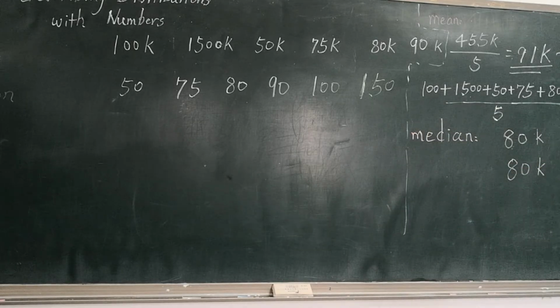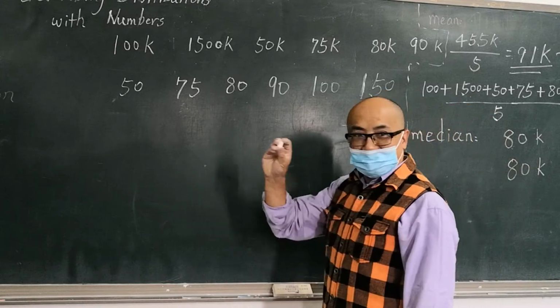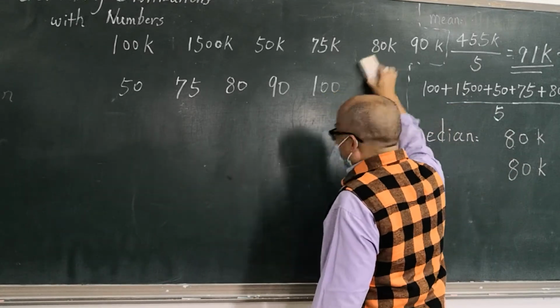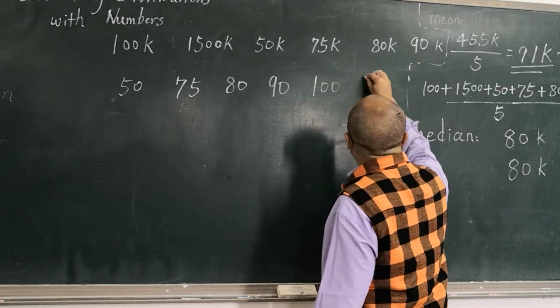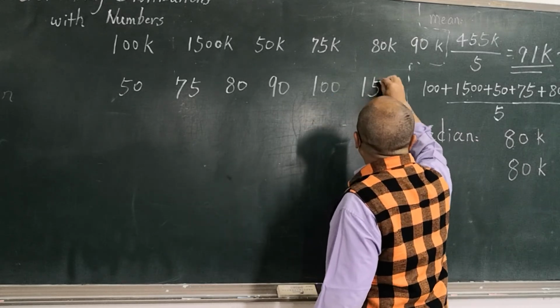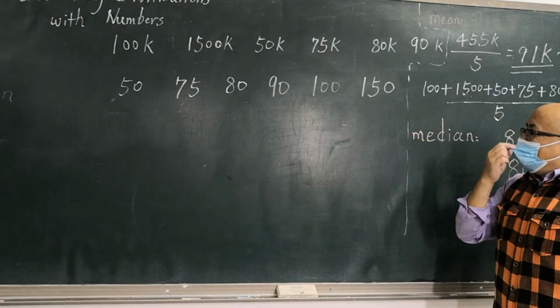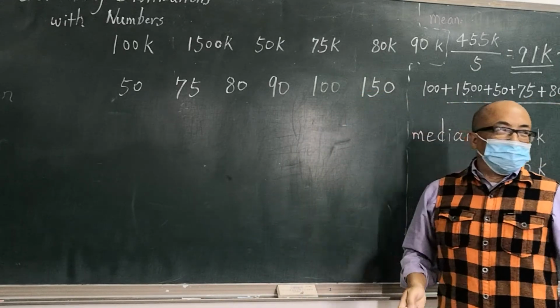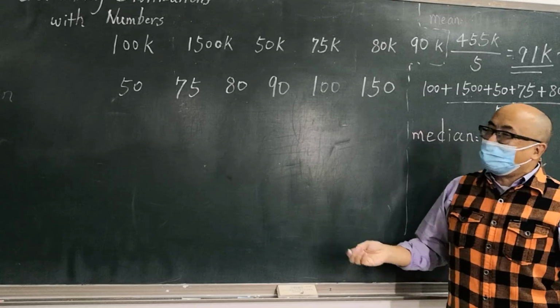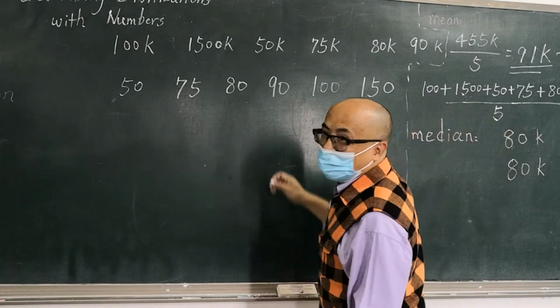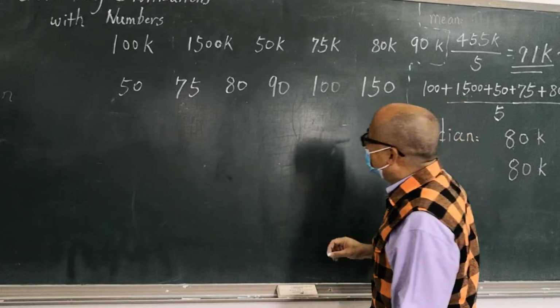Random sampling. So this is even, it's an even number. So where's the middle?